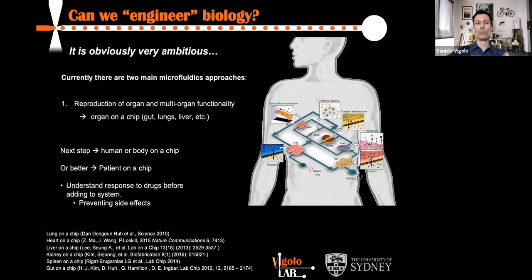And so we are really moving towards a human or a body on a chip, but the real benefit, the real application, at least in my opinion, is the possibility to have a patient on a chip, and so really recreate specific conditions, specific situations where, for example, a drug can be tested and its effect can be studied on multiple organs.